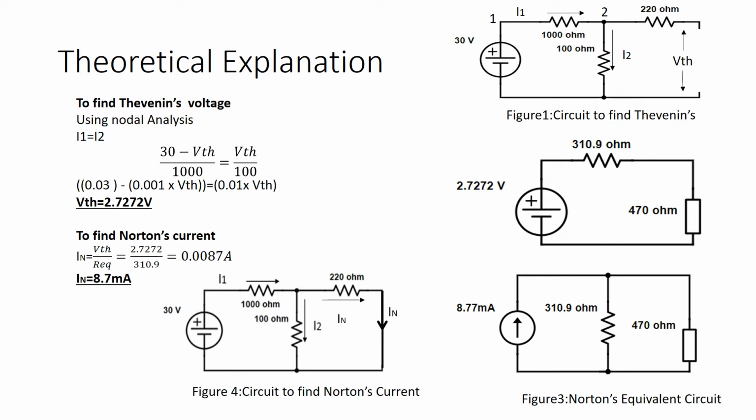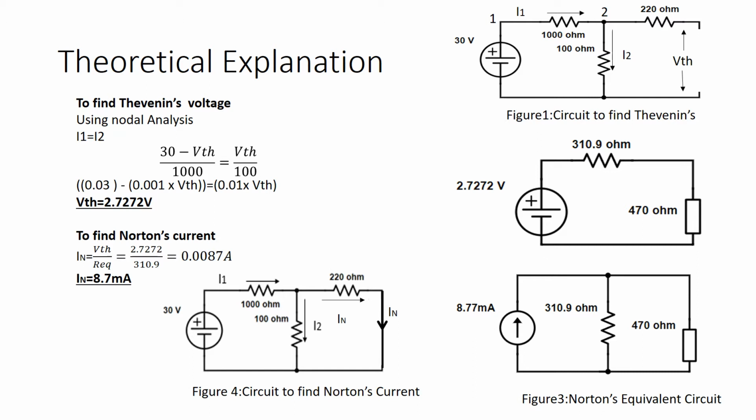We can write this using Ohm's law, current is equal to voltage by resistance. So we can rewrite the formula as (30 volt minus V Thevenin) divided by 1000 equals V Thevenin divided by 100. From that we find the Thevenin voltage as 2.7272 volts.